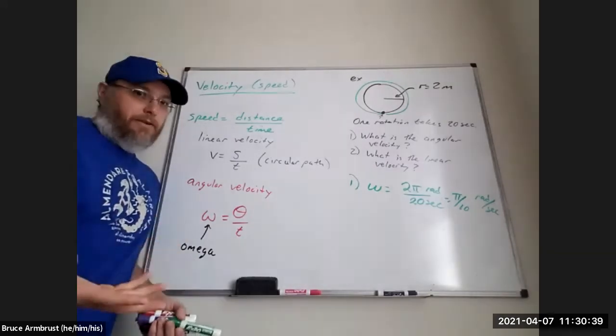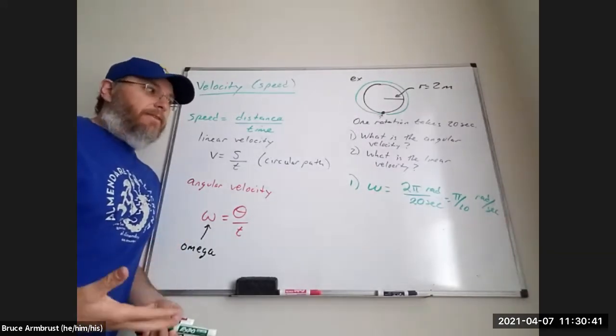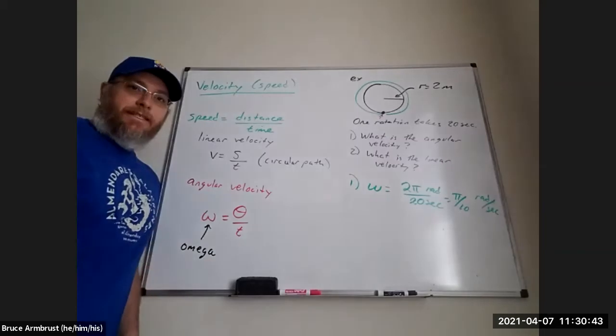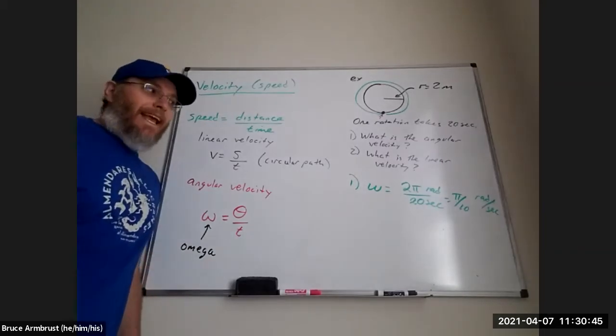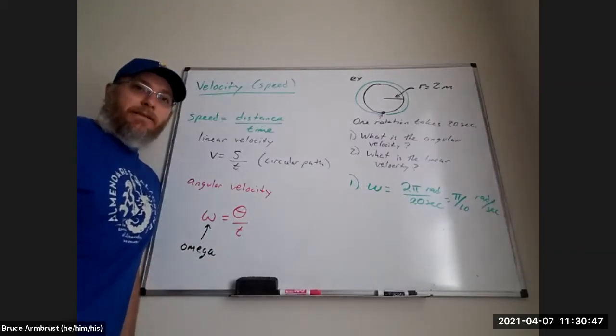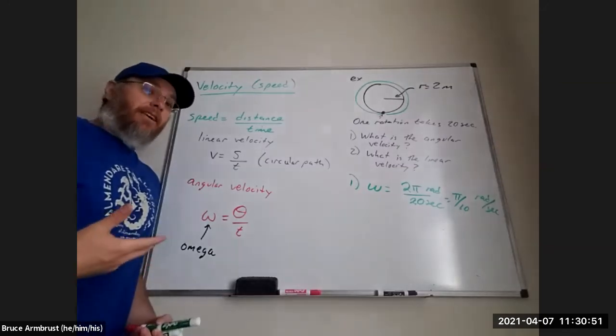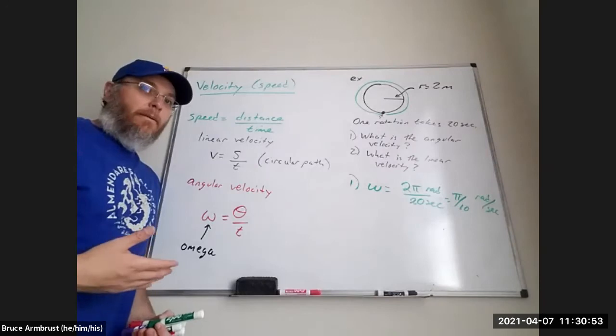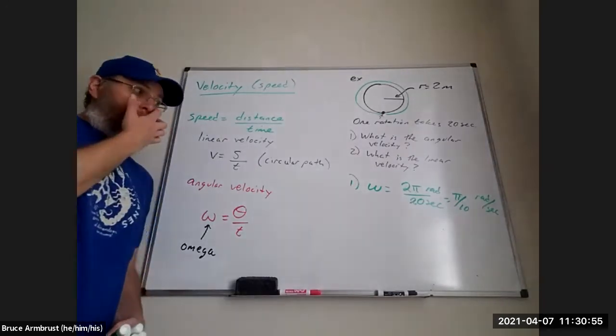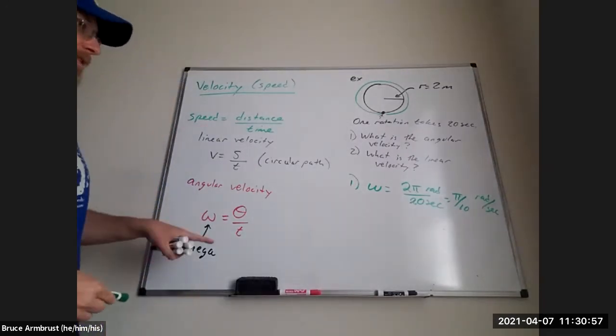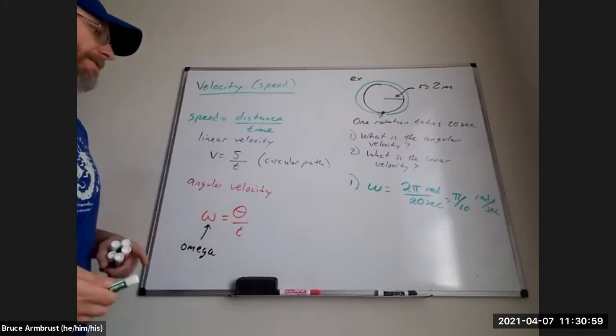We could convert it to degrees per second, and that actually is totally fine. We would have done 360 divided by 20, and that would have been 18 degrees per second. But that's an angular velocity, because we're looking at the change in our angle with time. All right, so it was just that easy. Take your angle, divide it by time.